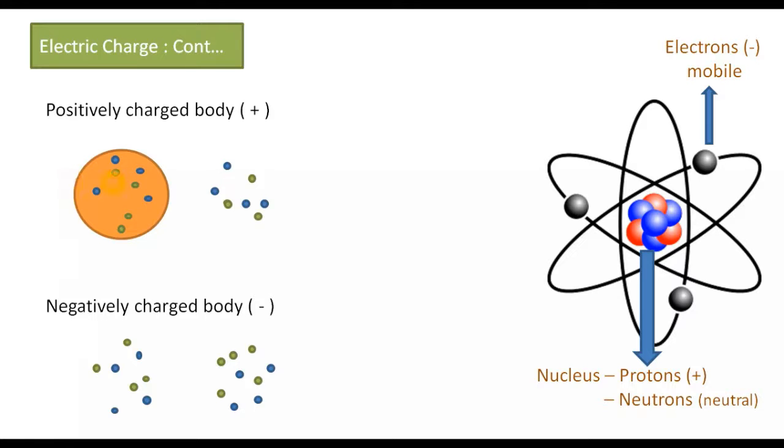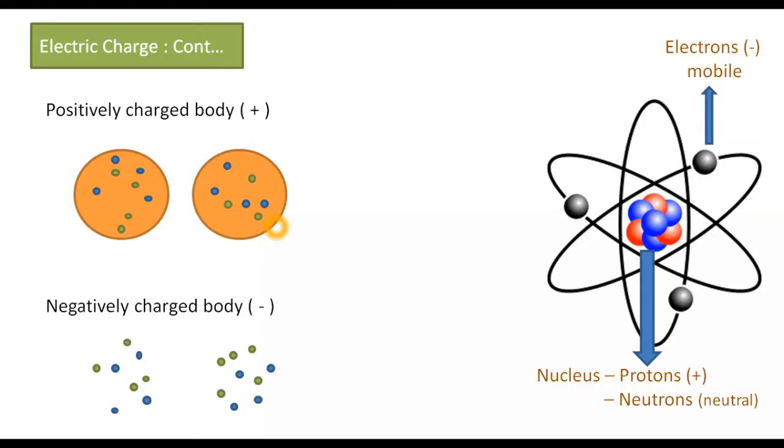You can see here, suppose blue ones are the protons and the green ones are the electrons. Currently it's neutral, because number of protons is equal to number of electrons. You can see here are 1 2 3 4 protons and 4 electrons. Now what will happen if it loses one electron? Now you can see there are more protons, because we have represented blue ones as protons. 1 2 3 4 protons, but electrons are only 3.